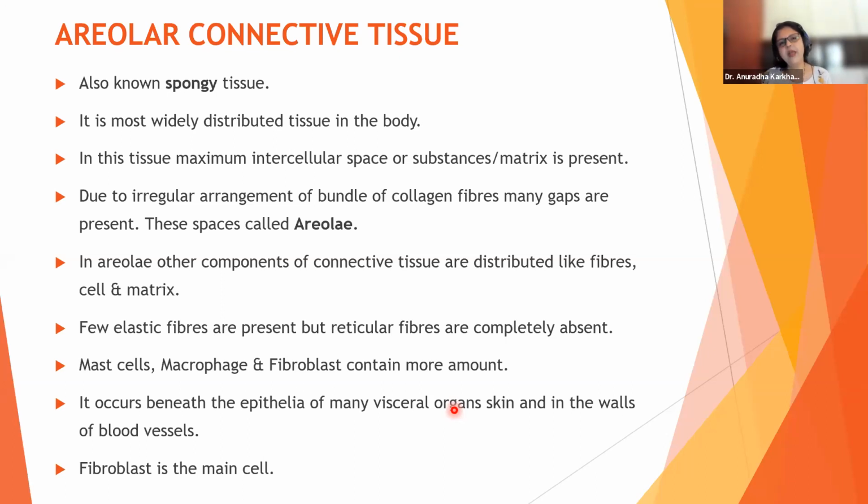We already know that fibroblast is the one which synthesizes collagen and elastin. So it is going to be maximally found. Got it? All the characteristics of areolar tissue are clear. What is areolae? Due to irregular arrangement of the collagen fibers, many gaps are present, and these gaps are called areolae.